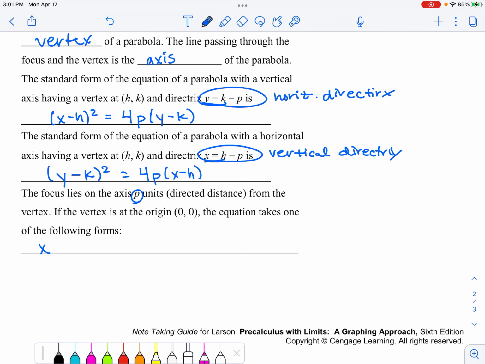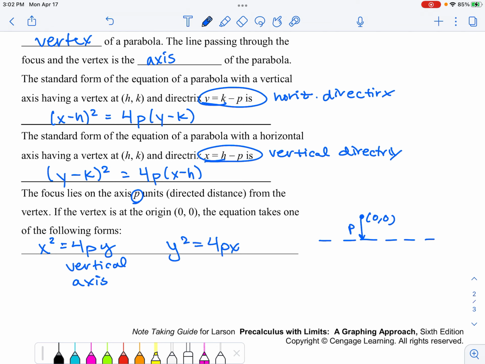So if the vertex is at the origin, so let's say this is the vertex at the origin, and then it's a horizontal directrix like this, we know that it's a distance of p. So it's going to be x squared equals 4py, which is the vertical axis, or y squared equals 4px, which is the horizontal axis.